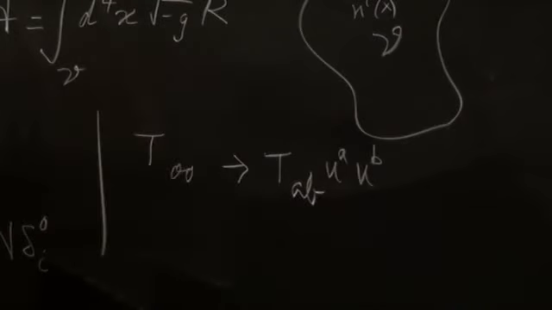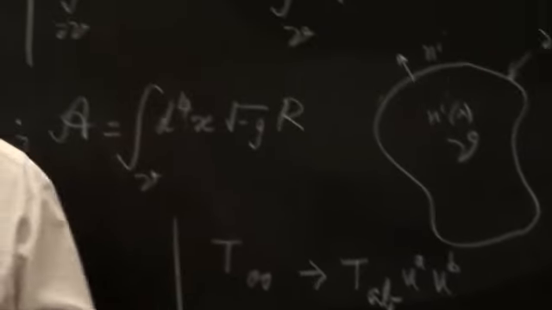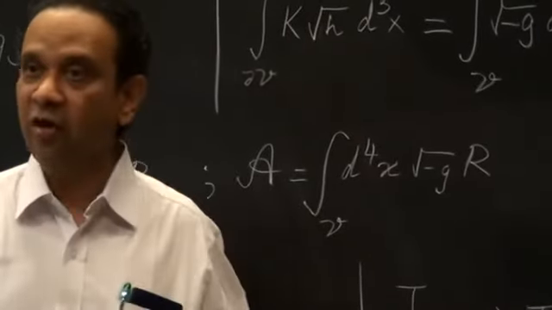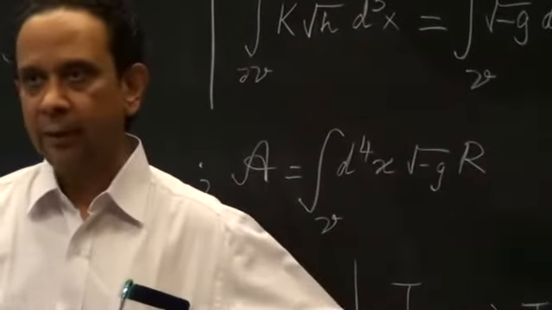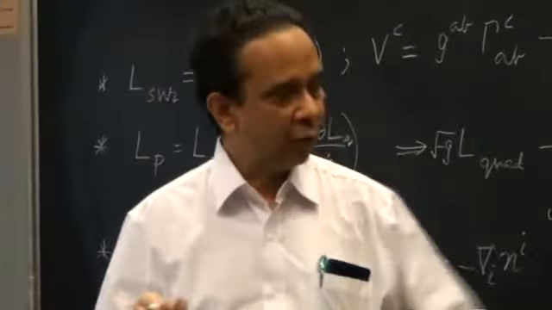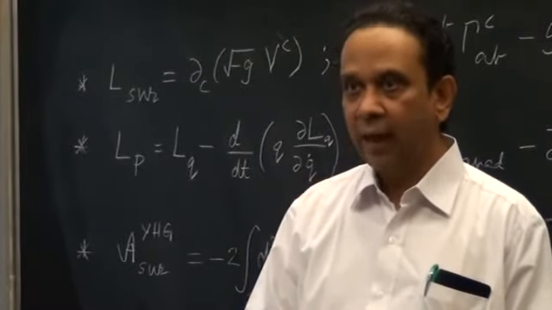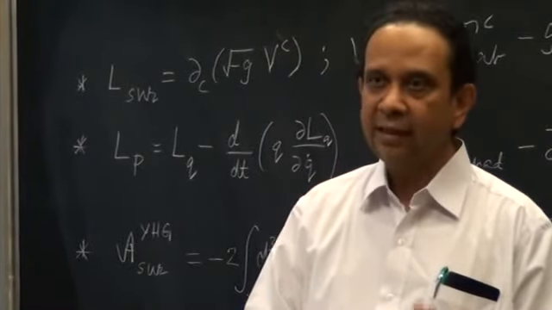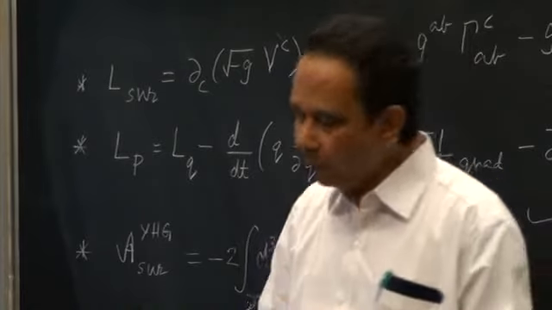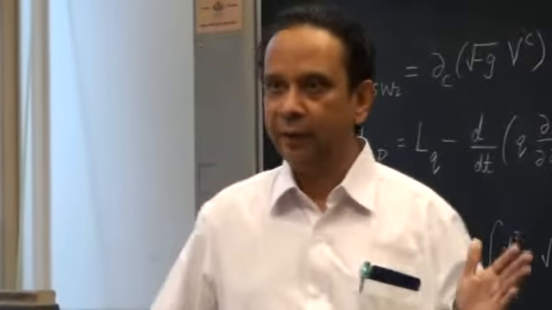So if you have given an extra vector field, its numerical value will of course remain same in every frame, but that is no longer the 0, 0 component of a tensor, it's a scalar. So in the same kind of a way, if an extra vector field is given, you can write down expressions like this, which are manifestly covariant. And it is in this sense that the K root h is covariant. The more precise statement is that, well, it is generally covariant, but it is foliation dependent.